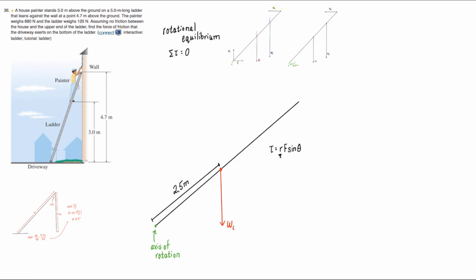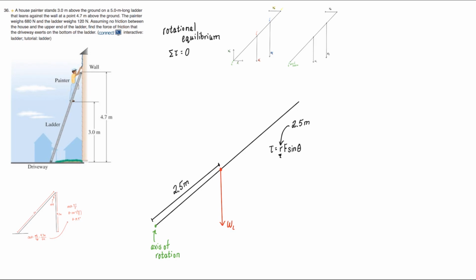And so in this case, the weight of the ladder is acting on the center of the ladder. And so we know that the ladder is 5 meters, so the distance between one end of the ladder, which is the axis of rotation, and the center of the ladder is going to be half the total length of 5 meters. So it's 2.5 meters. And so we can plug that value into R right here.